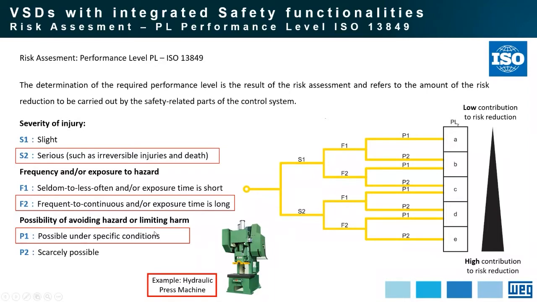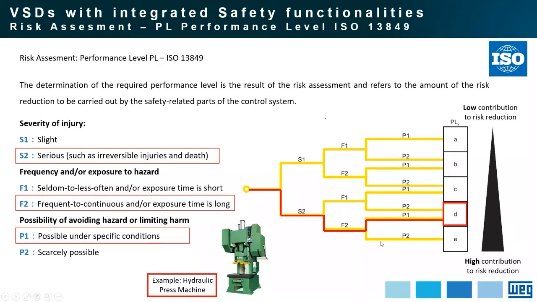So following here the yellow lines for the hydraulic press machine example, we will see that the first answer is S2, serious. The second one concerning frequency is F2, frequent.